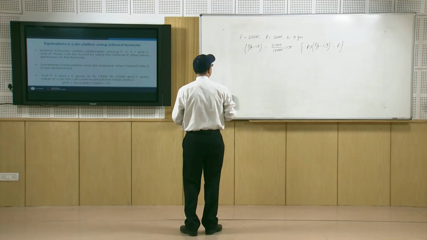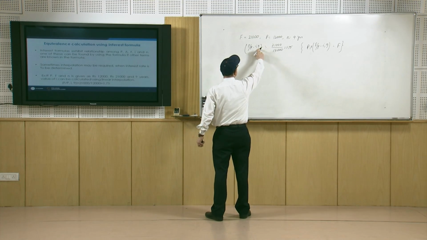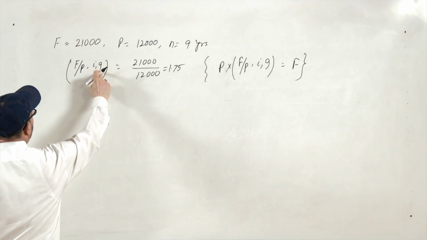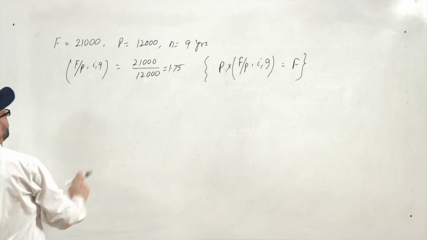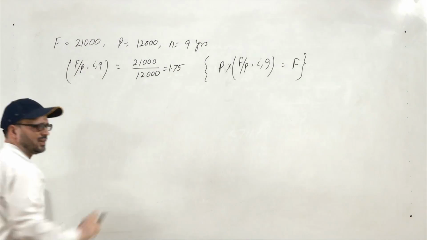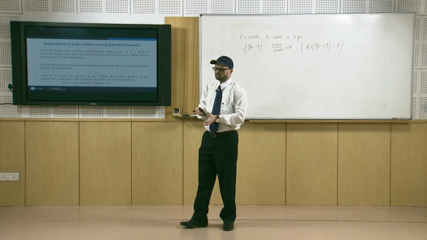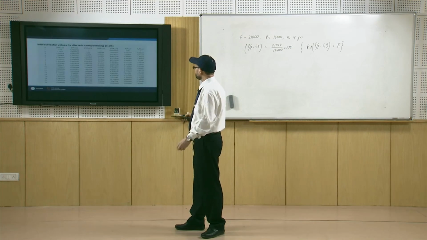For interpolation you have to see the table in which, corresponding to 9 years, you have to find one value which is less than this and another value which is more than this. So, for that we will refer to the table.